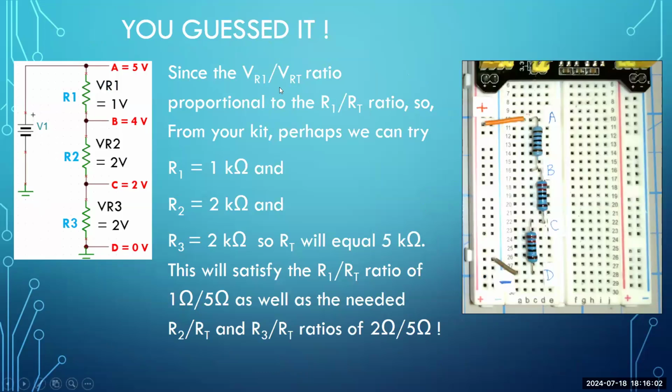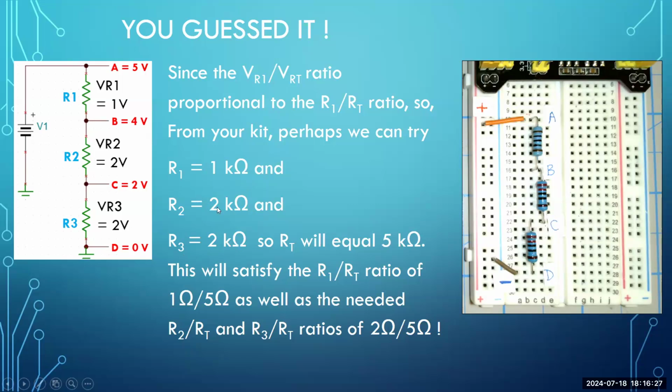Since the VR1 to VS ratio is proportional to the R1 over R total ratio, from your kit, perhaps you can try, and you have these in your kit. Let's try R1 being 1 k ohm. Let's try R2 being 2 k ohms. Let's try R3 being 2 k ohms.